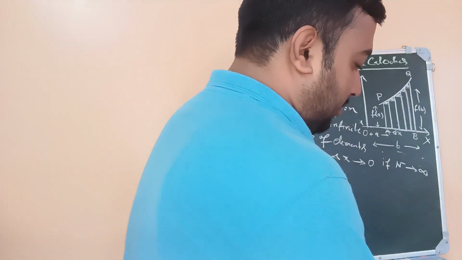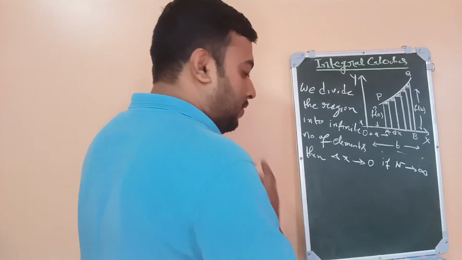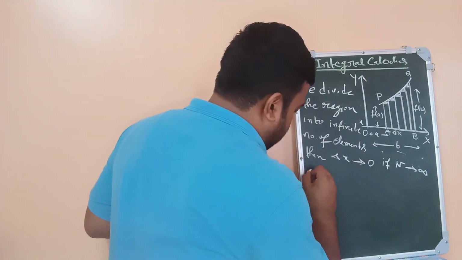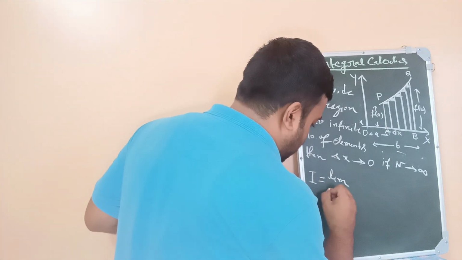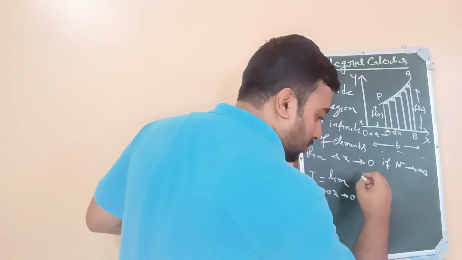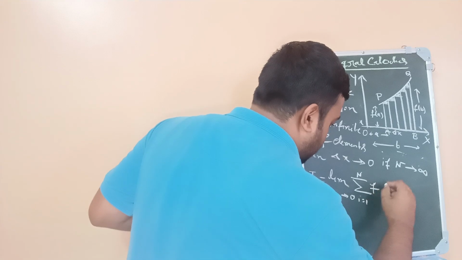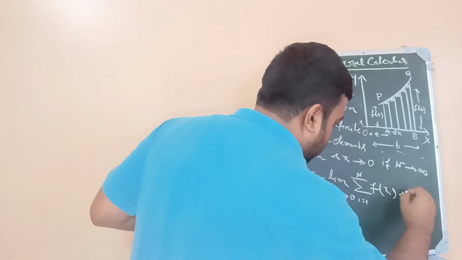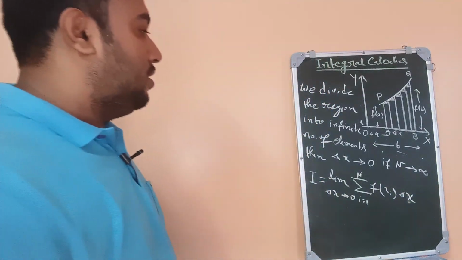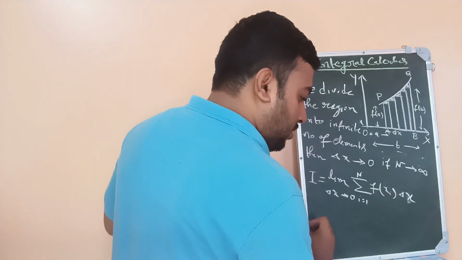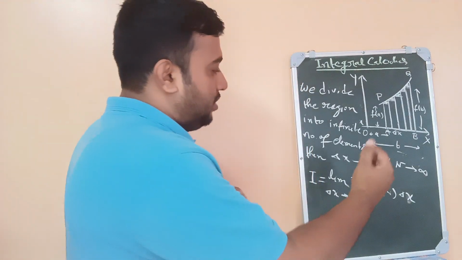In mathematics this is called the integral of f of x. So we can say that this area I equals the limit as delta x tends to 0 of the summation i equals 1 to n of f of xi into delta x, and the limit is taken as delta x tends to 0 as n tends to infinity.